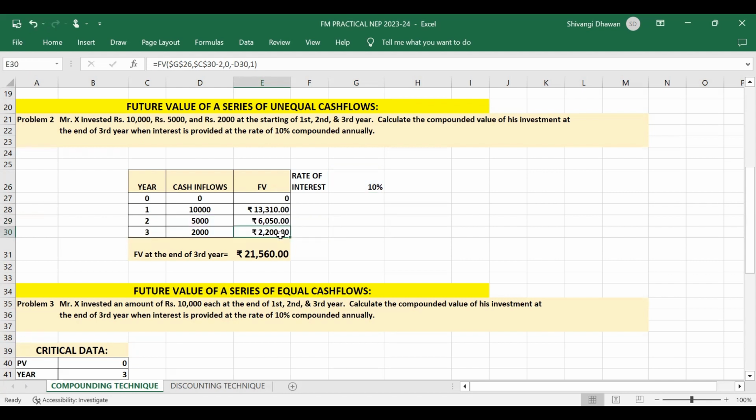Similarly, for the third year, we must have invested 2,000 for only 1 year. So rate is 10%, NPER is 3 minus 2, that is 1 year, 0, minus D30, that is 2,000 and 1 is the type. Enter.